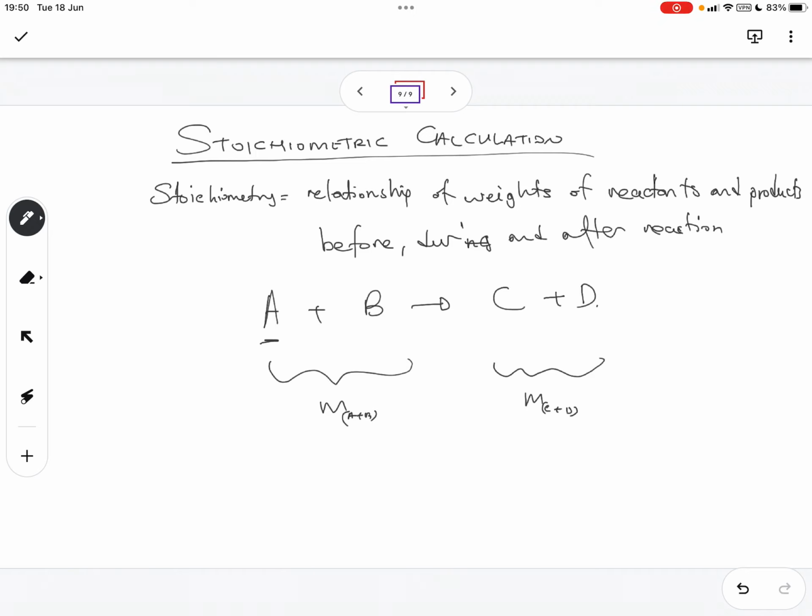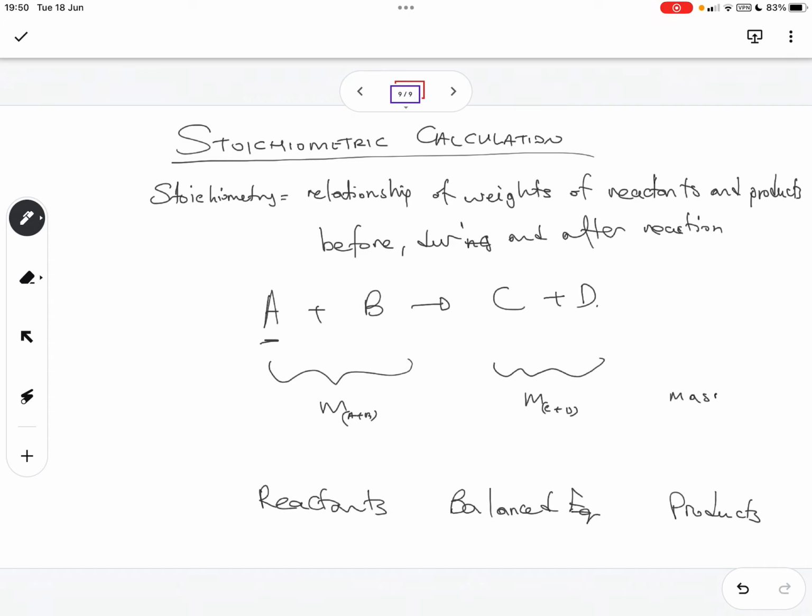The same calculations that we're going to do here for stoichiometry apply in both cases, because we look at what reacts, we look at the balanced equation, and then we look at the products, and we assess the mass of reactant needed to make that product. We'll have reactants, a balanced equation, and products.